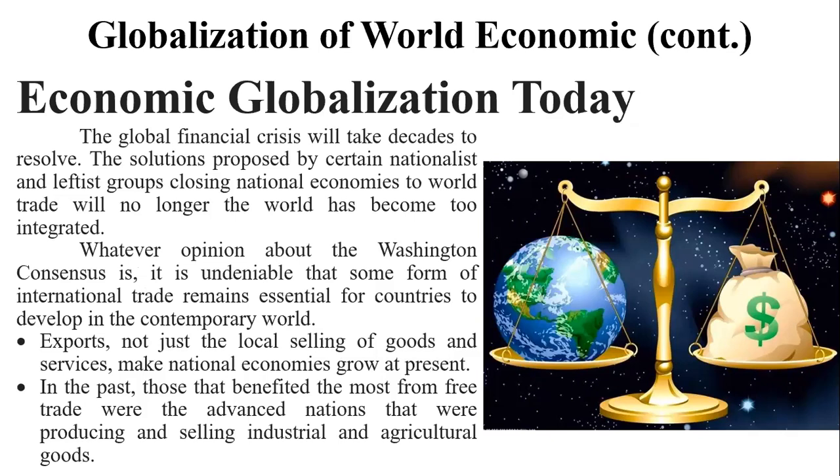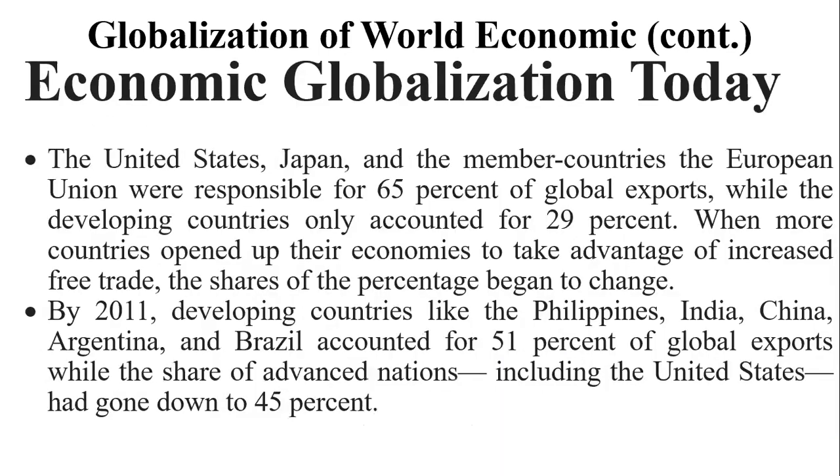In the past, those that benefited the most from free trade were the advanced nations that were producing and selling industrial and agricultural goods. Also, the United States, Japan and other member countries of Europe were responsible for 65% of global exports, while developing countries just like the Philippines only accounted for a total of 29%.